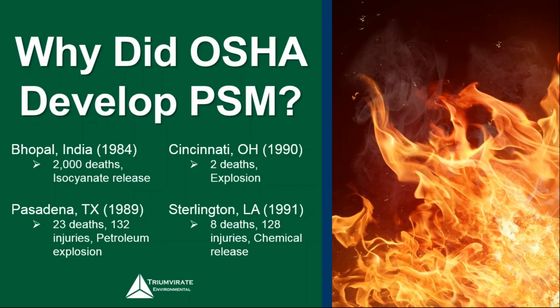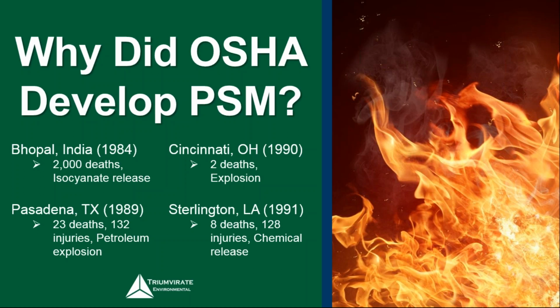And you see that, really, why does OSHA write any regulation, right? I always say, here in the United States, are we proactive or are we reactive? And truly we're more reactive, and this was definitely a reactive type of regulation, to say, hey, we've got to do something here to ensure that we're protecting not only workers, but people that surround these facilities where these types of materials are being used.